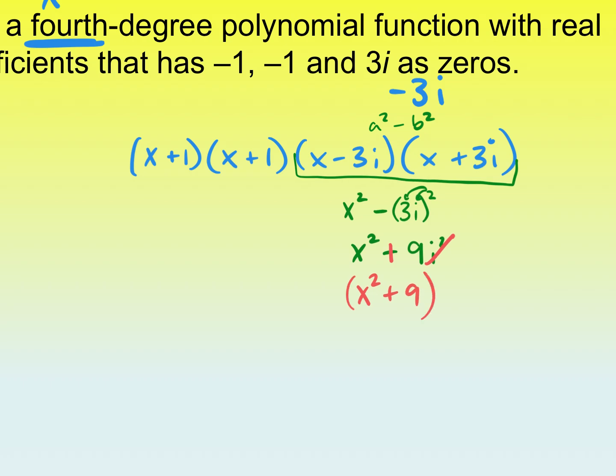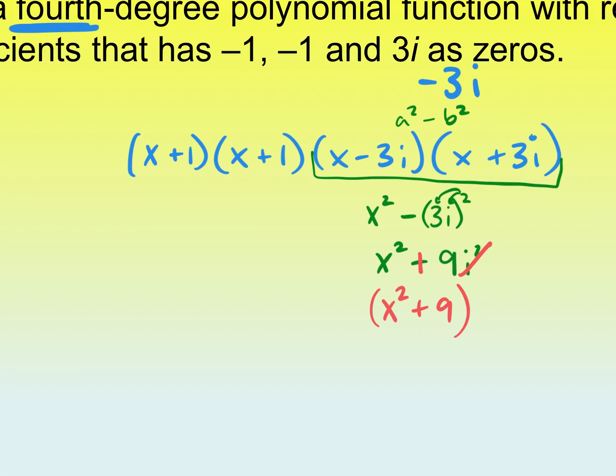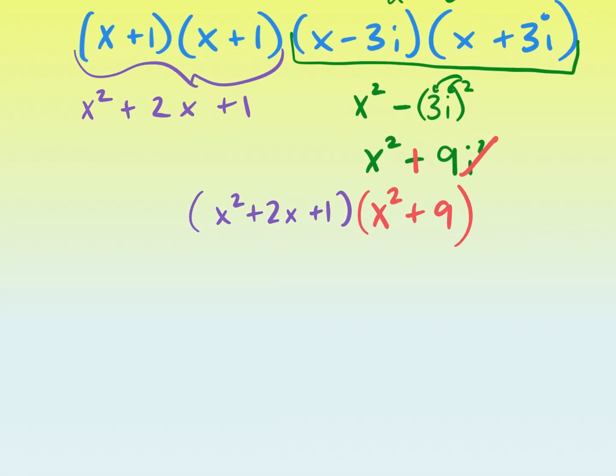Now the order that we multiply the remaining ones out doesn't matter. If you wanted to multiply x plus 1 to x squared plus 9, you could do that. Since these are already right next to each other, I'm going to multiply these two together now. So we've got x squared plus 2x plus 1. Now we can multiply our two answers together.